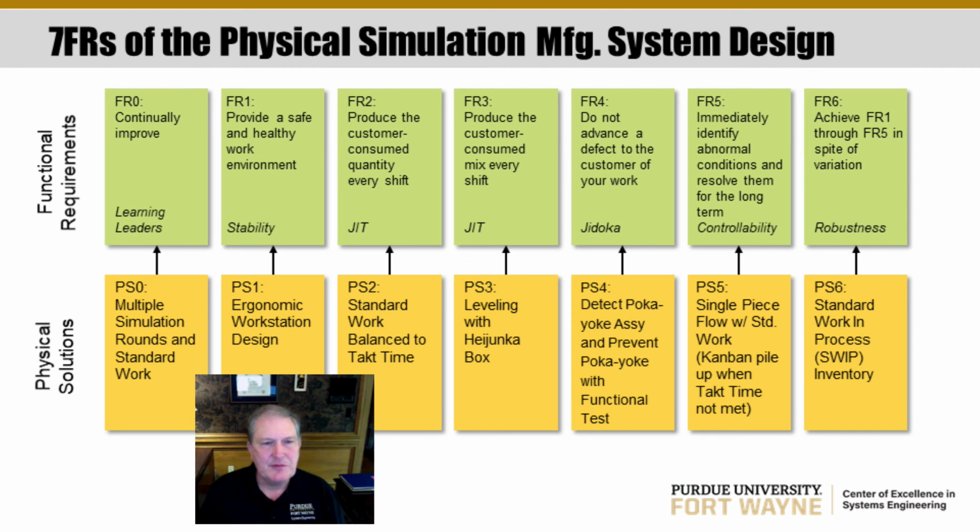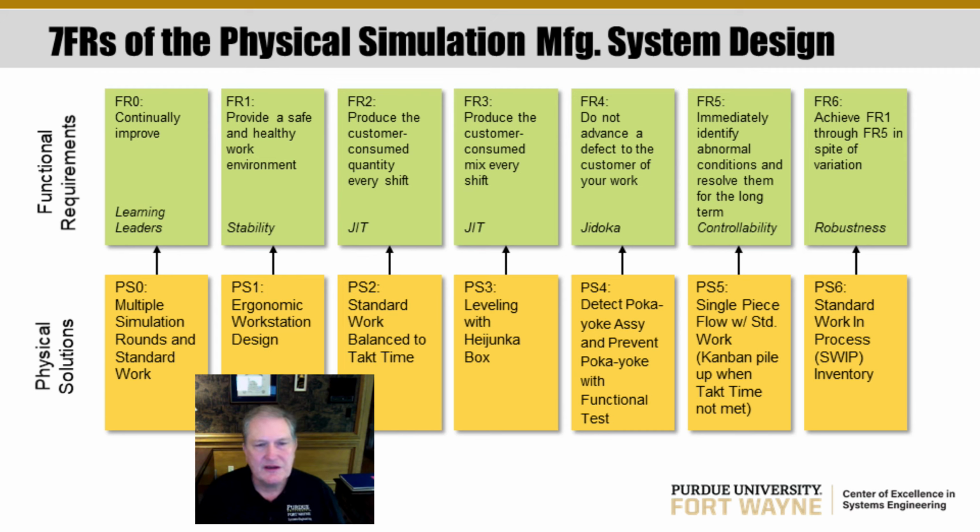And most importantly, the system, because it operates to takt time, helps us to identify whether we have an abnormal condition. And remember, an abnormal condition is one in which we know we're not meeting takt time and we need to raise our hand and say there's an issue. Part of system design is that we can build into our system the ability for people to say, I've got an issue.